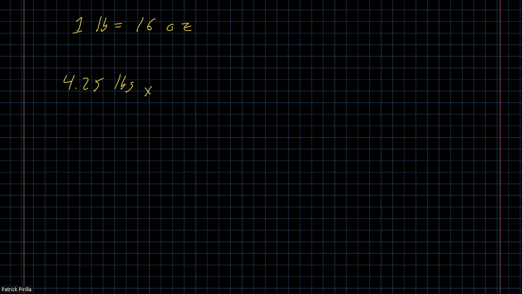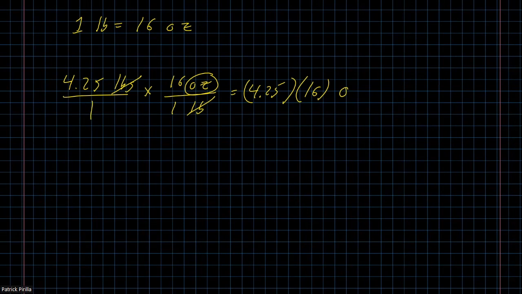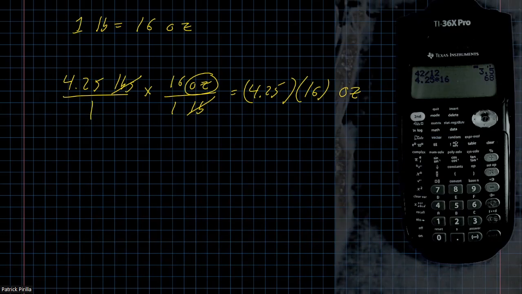In this case, I need to have the 16 ounces in the numerator and the 1 pound in the denominator, so that pounds here and pounds there will cancel each other out, and I will be left with ounces. So we will have 4.25 times 16, and the measurement will be in ounces. My calculator is happy to tell me that 4.25 times 16 is 68.